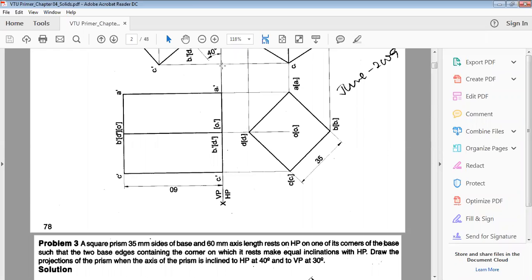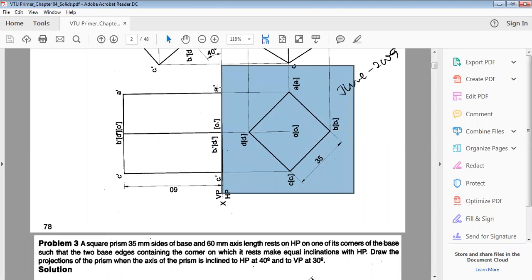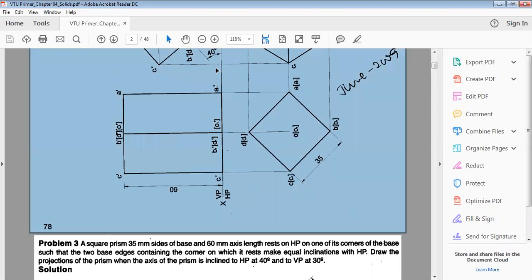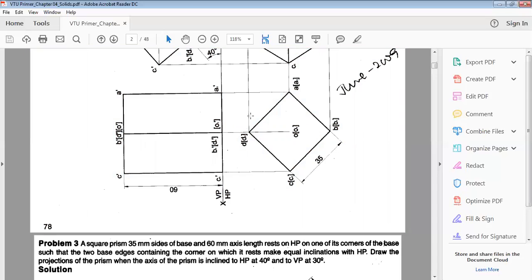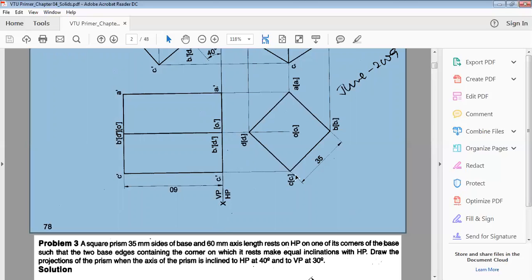So horizontal plane in the sense, this is the horizontal plane, right? So XY is going to be your horizontal plane. So with XY, it is making equal inclination, probably 45 degrees, this one, 45 degrees, this one. So this is what is being given in the problem.